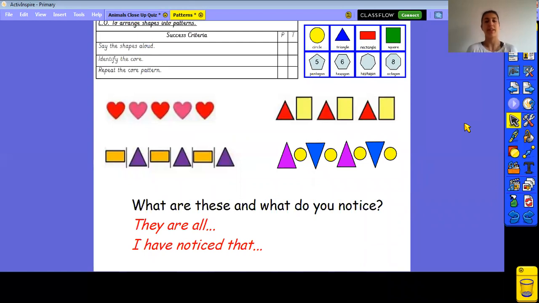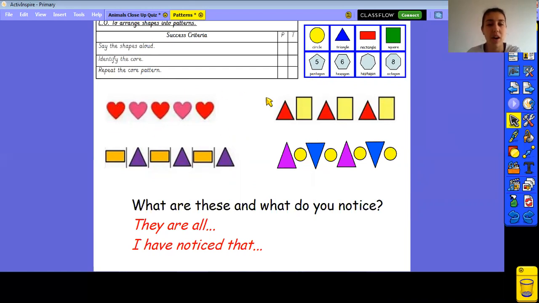Lovely, hopefully you've had some ideas then, and hopefully you've said something along the lines of that there are repeated shapes. So for example here, we are alternating between a red heart and a pink heart. Red heart, pink heart, red heart. What do you think would come next? It's repeated. And here we have triangle, rectangle, triangle, rectangle, triangle, rectangle.